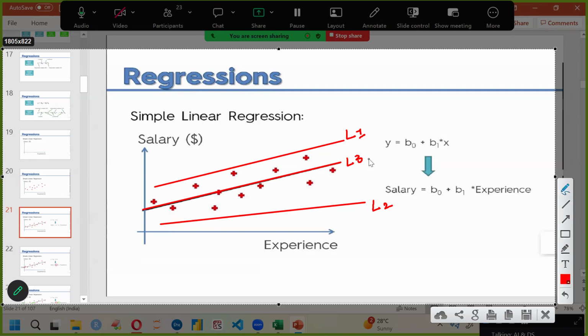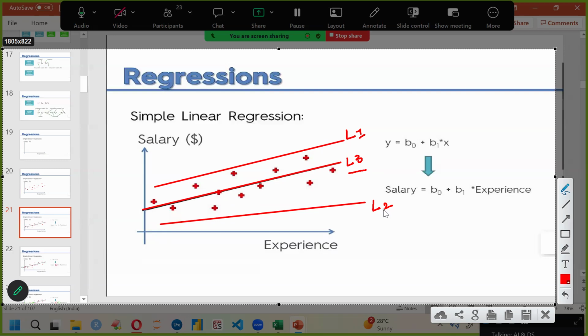Can you tell me which line is near to all the points? Is line 1 near to all the points, or line 3, or line 2? L3, sir. Line 3 is the one which is near to all the points.